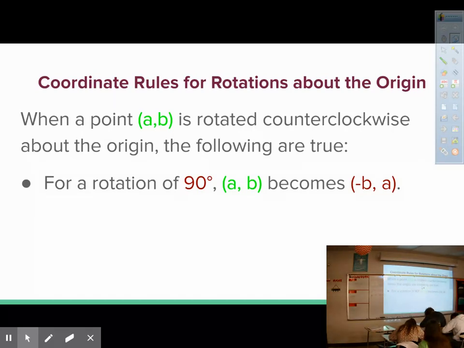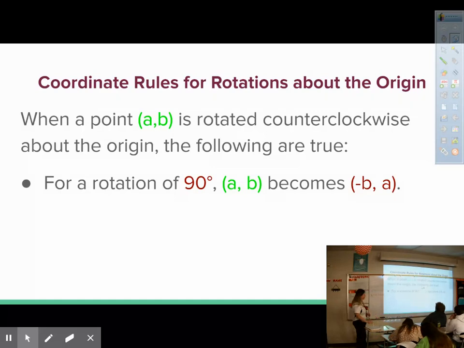Now it's the original y, not the new y, because once you flip, y is now x. What I do is I change my signs first, then I flip it. That way I don't get confused. Okay, so flip your x and y and change the sign of y. Or if you wanted to say change the sign of y, then flip x and y, that's also okay.